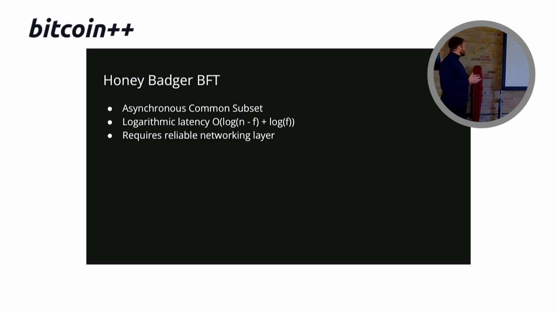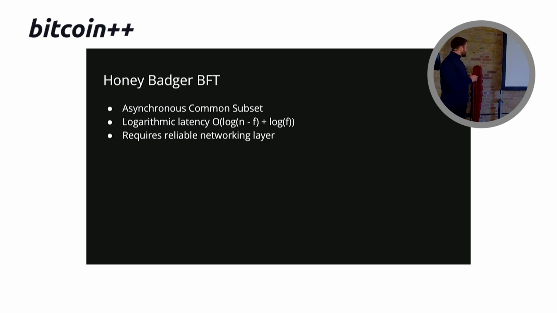In every round, every one of the guardians proposes a batch of transactions, and then the guardians start voting on which ones are going to be included in that round and which are going to be excluded. When this voting process is complete, you take the union of all the batches of transactions that were submitted, and this is your common subset, and then you can start processing this.